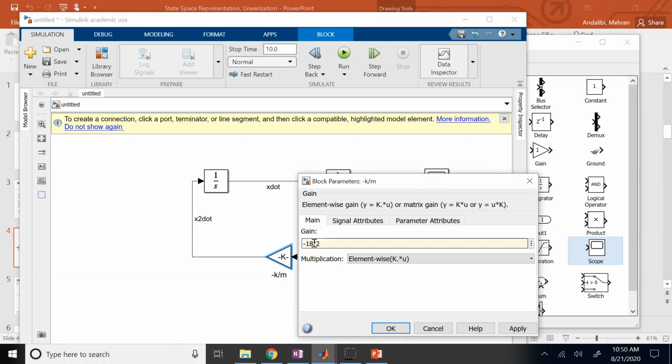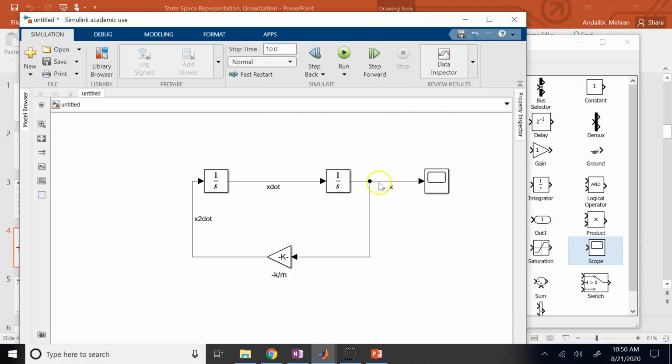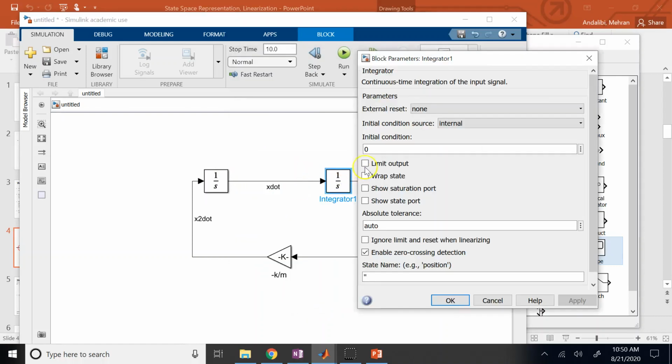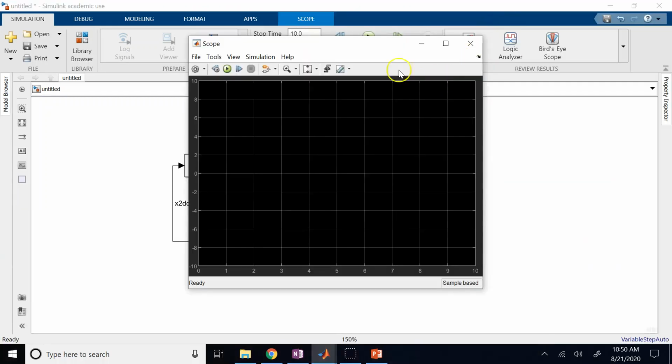So 18 over 2, 9, square root of that is 3, right? And then I apply my initial condition. So this is initial velocity, it's 0, and this is my initial position. Let's say that is 0.2.